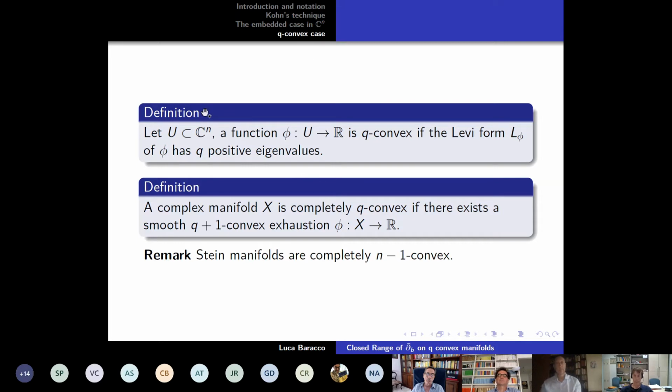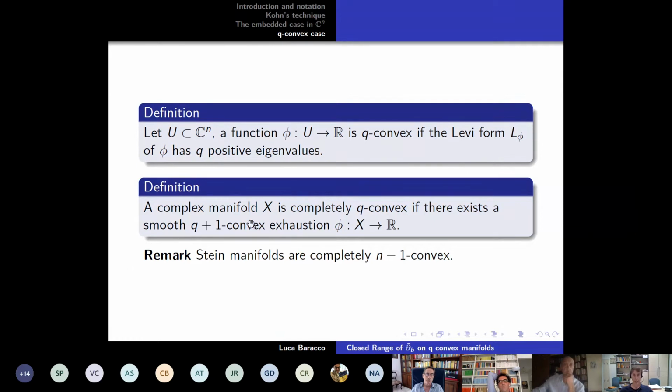So let me recall a couple of definitions. Let U be an open subset of Cn. A function phi from U to R is q-convex if the Levi form of phi has q-positive eigenvalues.